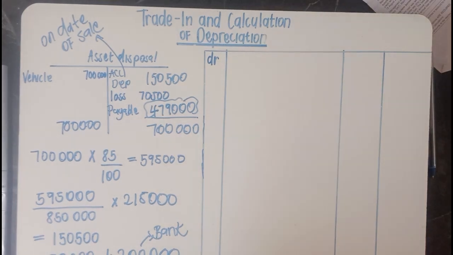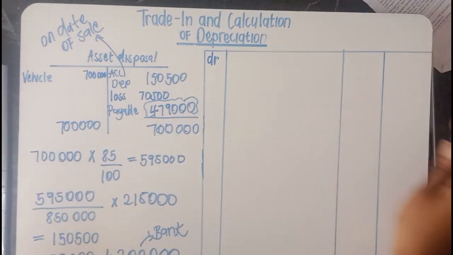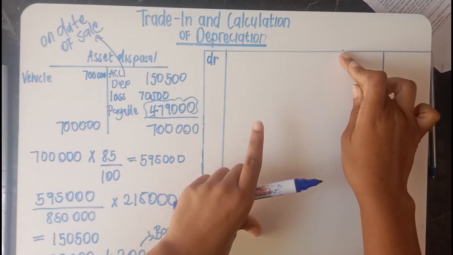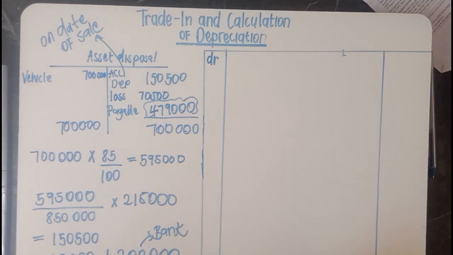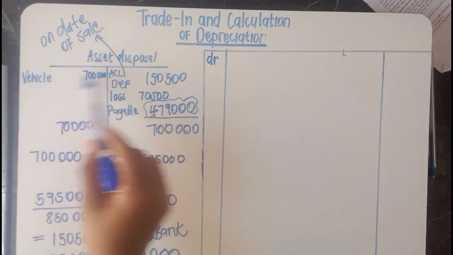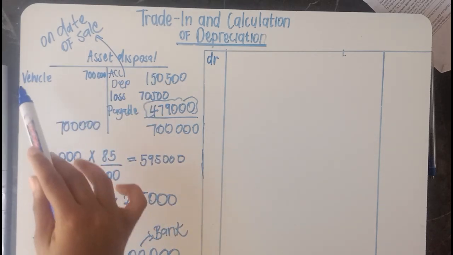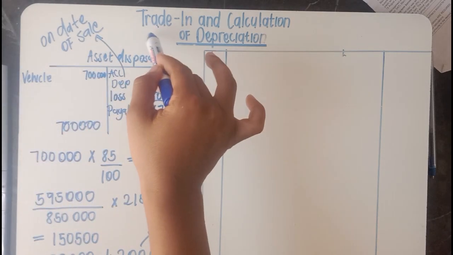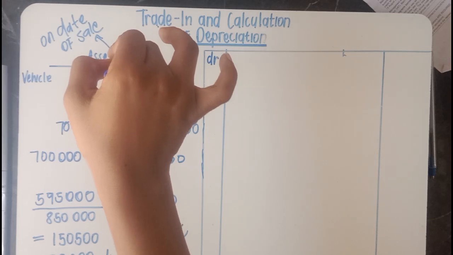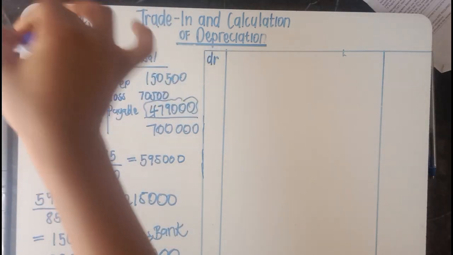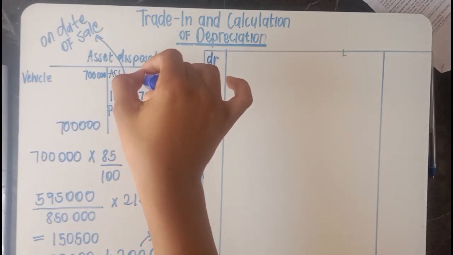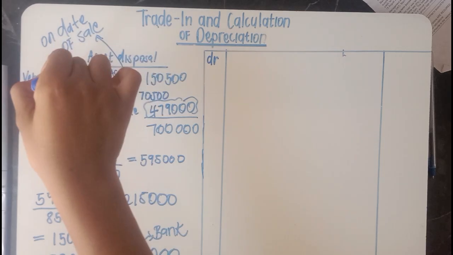So now let's move on to the generalizing part, right? I'm not sure about this line, if it's going to be enough, but okay. Anyways, you see the asset disposal. Everything that's on the debit, you put it on the credit. Everything that's on the credit, you put it on the debit. So you're going to debit all these amounts and you're going to credit this.